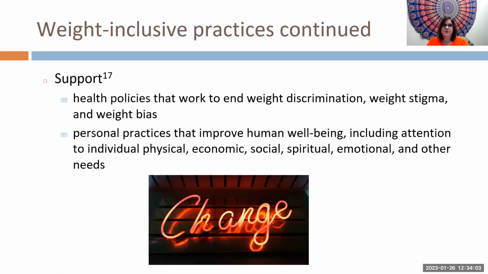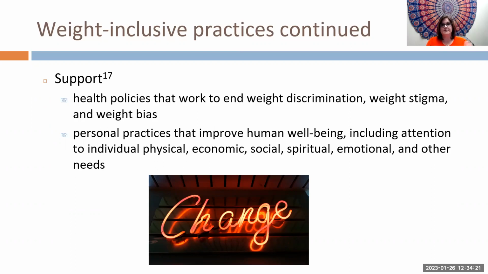Another thing that's really important, if we think back to that socio-ecological model, is we can support health policies that work to end weight discrimination. As I said, currently there are no policies that prevent weight discrimination in the workplace, but we can be advocates of change for that.